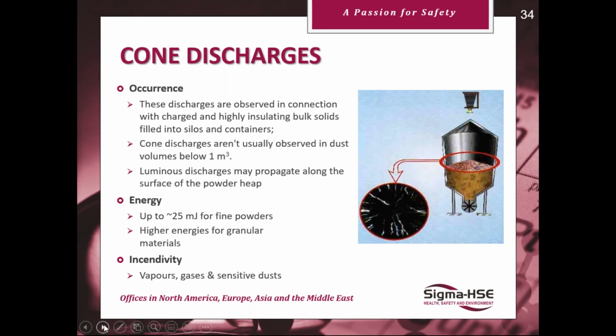The one I got involved with was a silo full of plastic pellets used for secondary windows, for double glazed windows. They had an explosion one night, which blew the explosion vents.